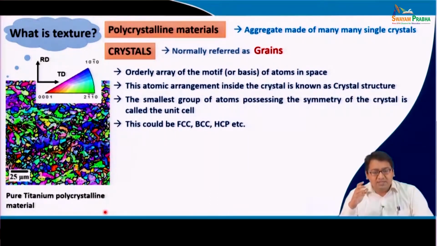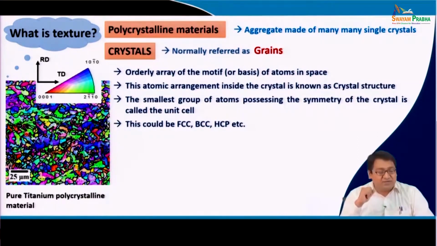So, as I said, polycrystalline materials are basically aggregates of many small crystals, and you can see this figure which is of pure titanium, and you can see that this microstructure contains many grains and they are shown in different colors.